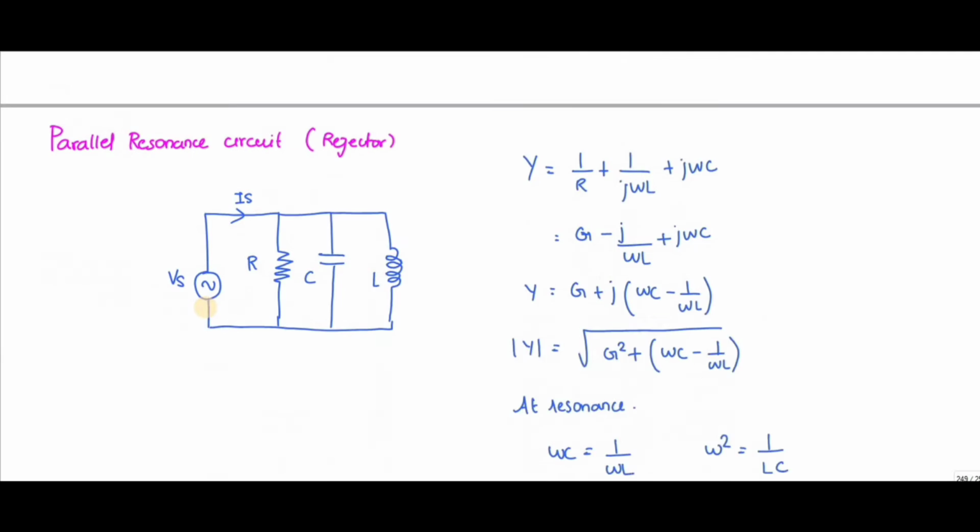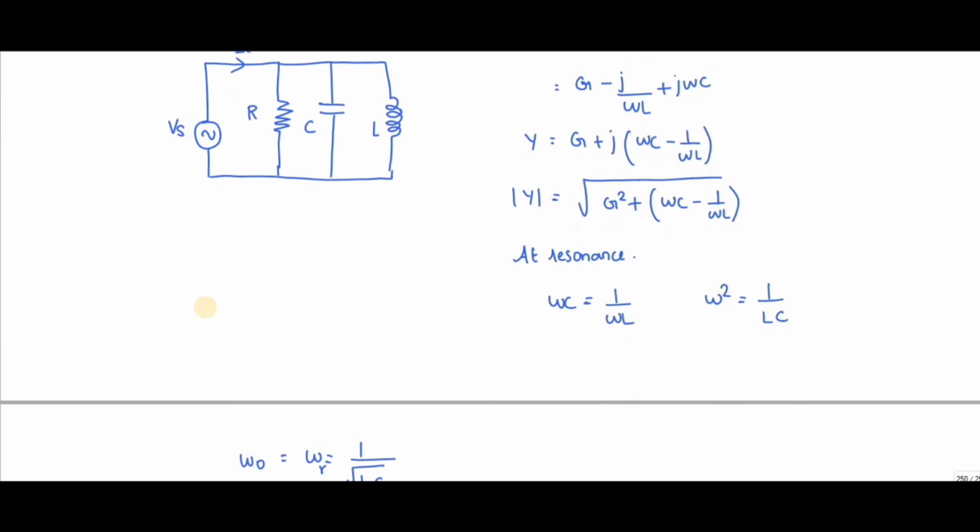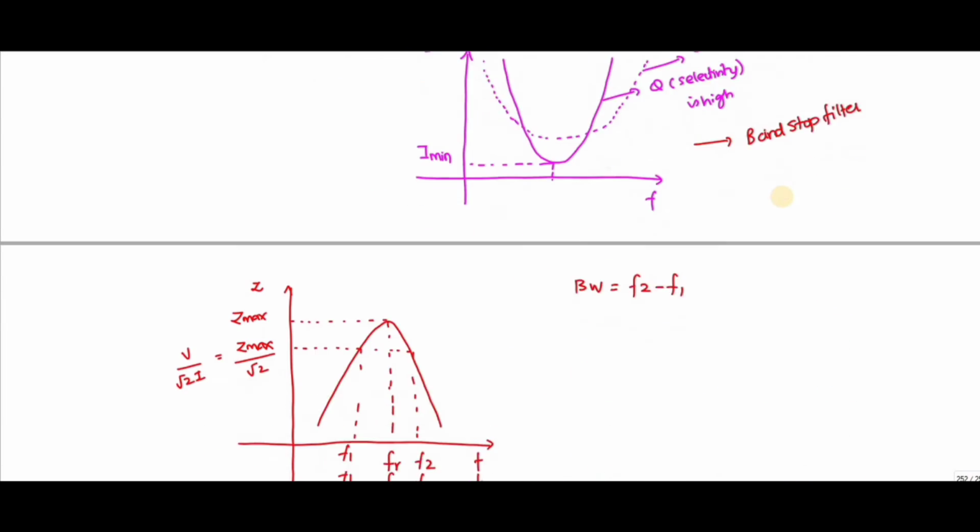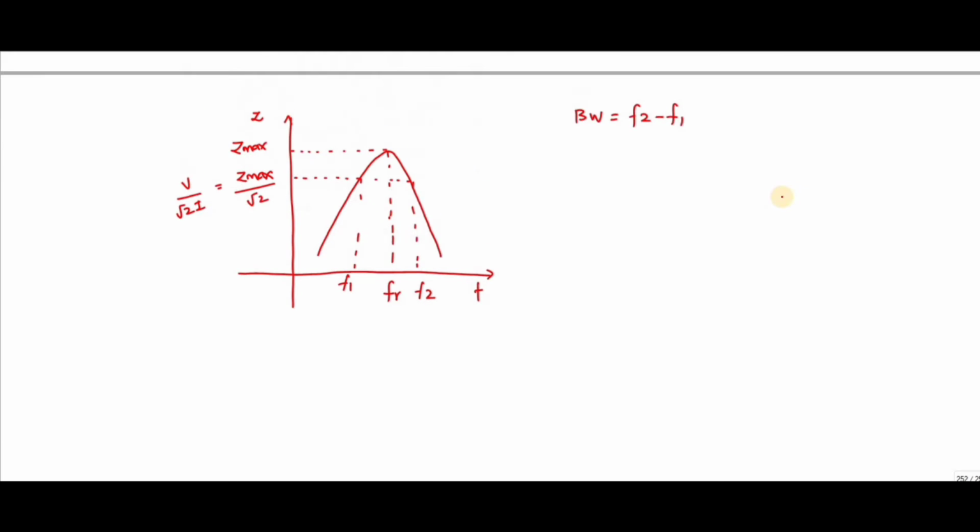So we know what Y is. So this is your Y, right? From here you can see V times Y is equal to I, right?